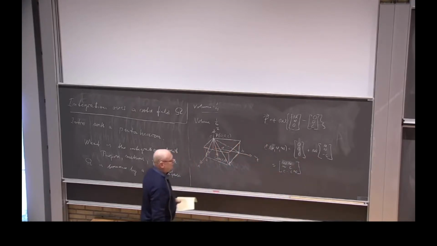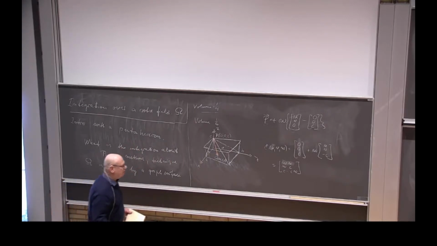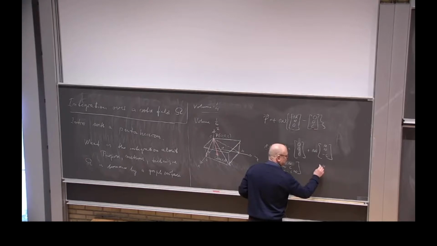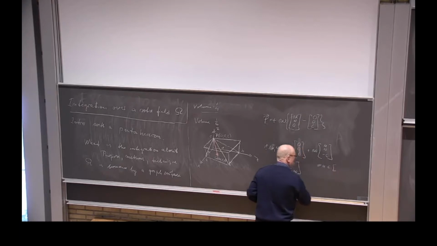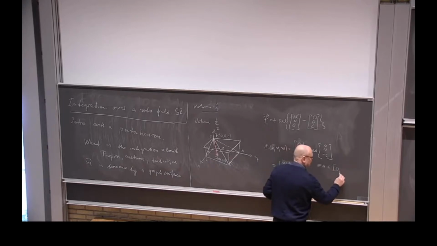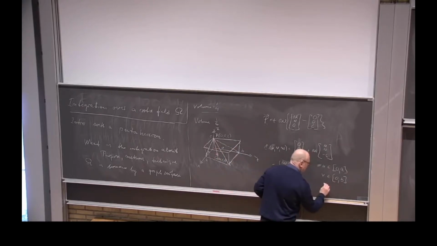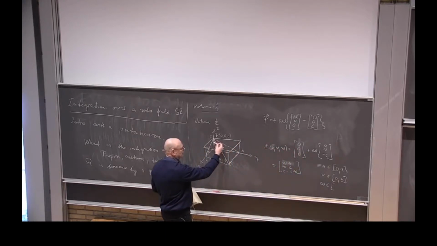This is the parametric representation, but I'm not finished yet. I have to write down what the values of the parameters are. U is varying, let me write it as U belongs to the interval from 0 to A. V belongs to the interval from 0 to B. And then finally, W belongs to the interval from 0 to 1.